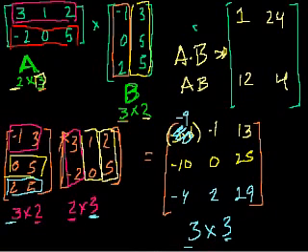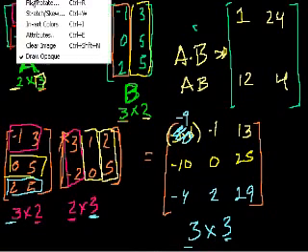Now, let me show you an example that you cannot multiply. Let me do a very simple example. What if I wanted to multiply the matrix 2, 1, and really all this is a row vector.